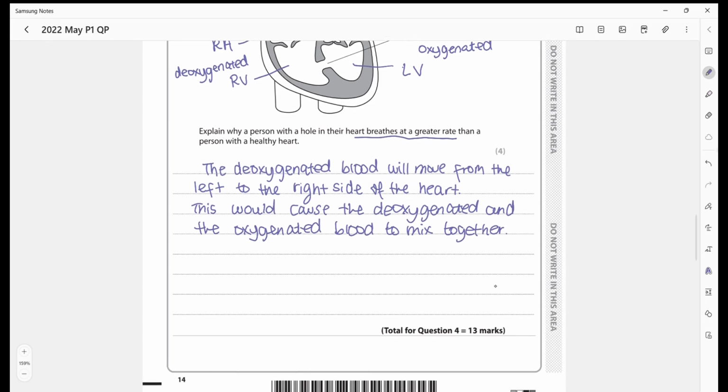And because of that, less oxygen gets transported around the body.